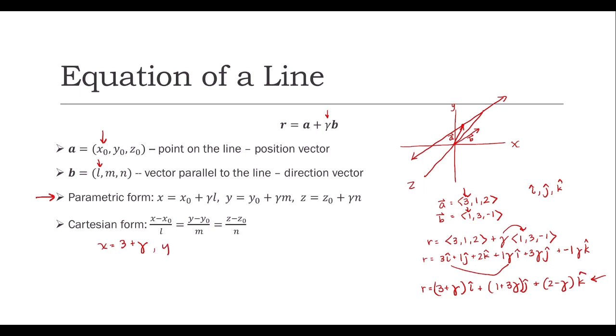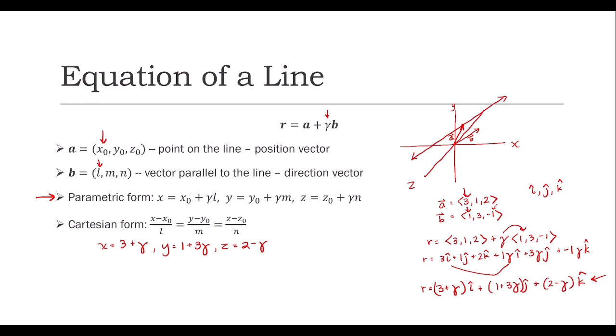Then y equals y naught, which is 1, plus gamma times m, so 3 gamma, and z equals z naught, which is 2, minus gamma, because we have a -1.